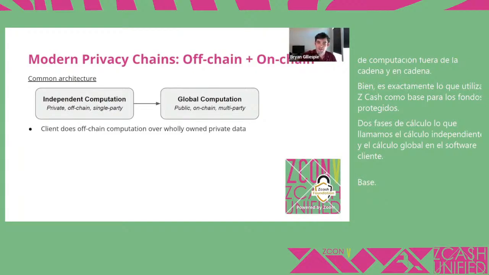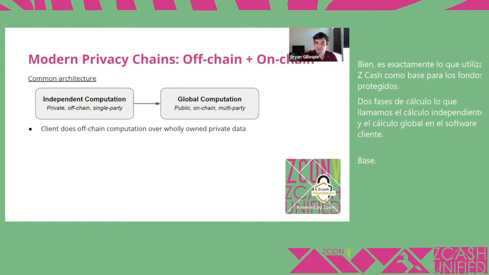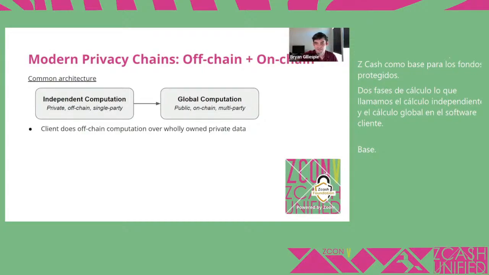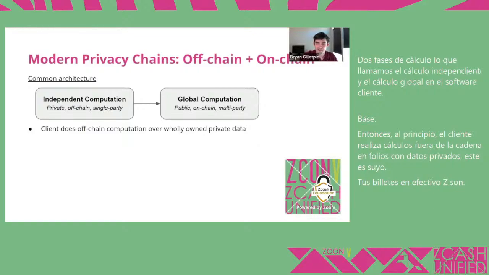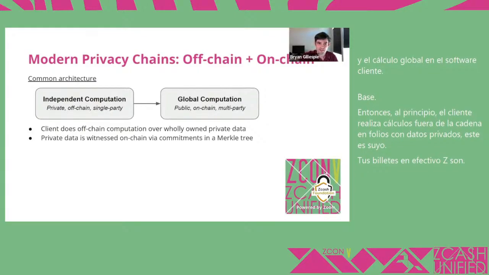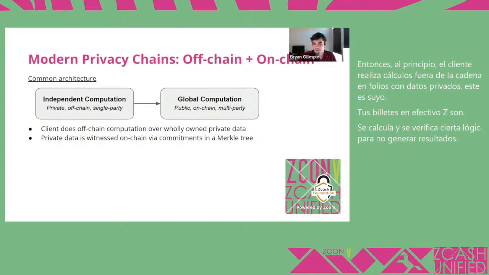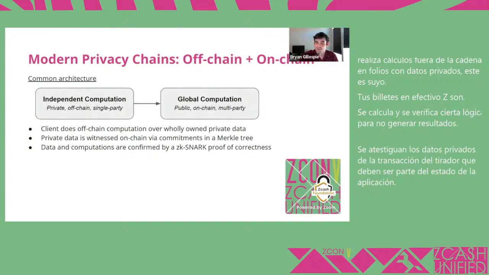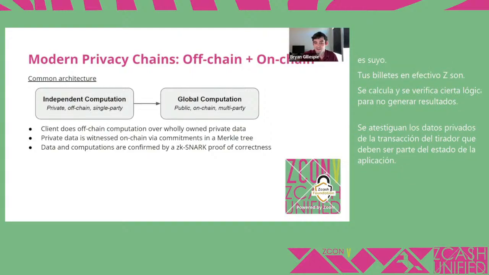So at the start, the client does off-chain computation over wholly owned private data. So this is your Zcash notes being computed on, and some logic is checked to generate output notes of a shielded transaction. Private data that needs to be part of the application state is witnessed on-chain via commitments in a Merkle tree. Data and computations are confirmed by use of ZK SNARK proofs for correctness.